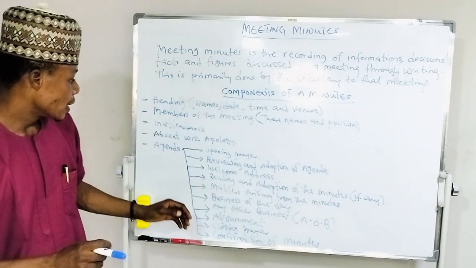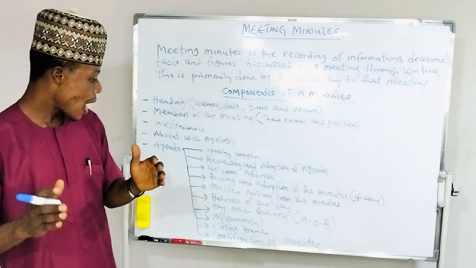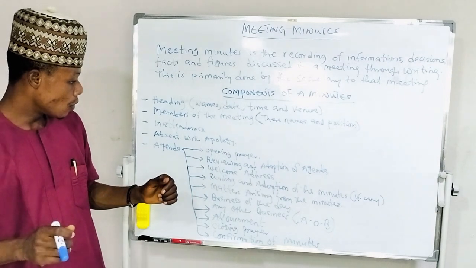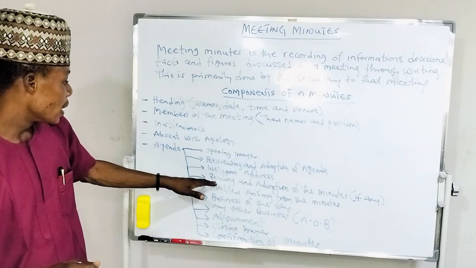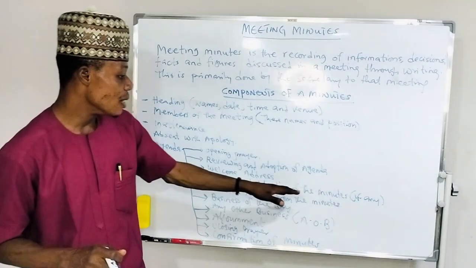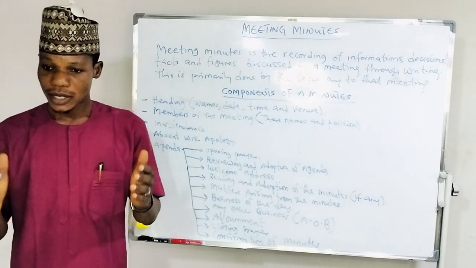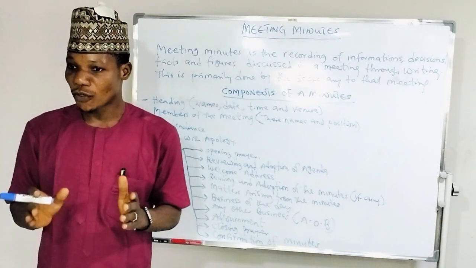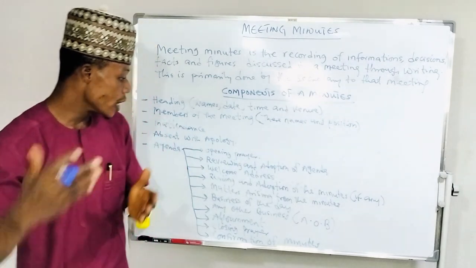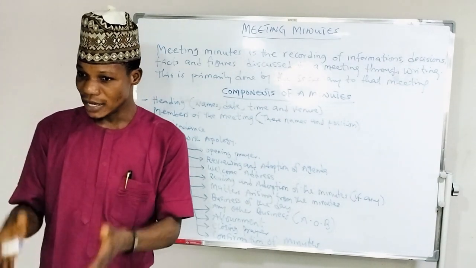Then, the other item you have to take into cognizance is reading and adoption of the minutes, if any. Take for instance, if the meeting is held for the first time, there is no need for the organization to read and adopt the minutes.